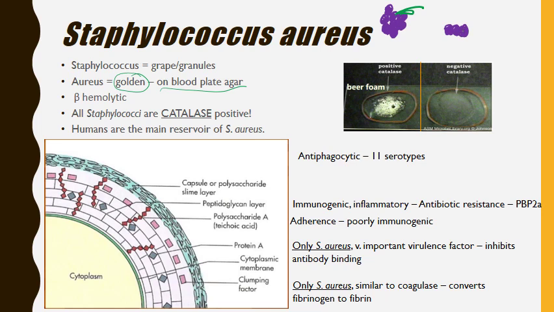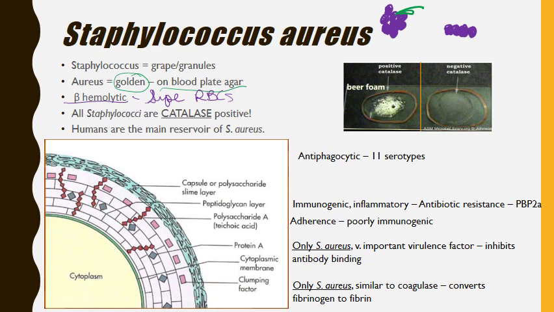So while you can't just use this distinction to automatically identify the two, it can sometimes help distinguish between the staph and the strep. On blood plate agar, Staph aureus is beta hemolytic, so that means it's going to lyse all of the red blood cells. So you're going to be able to see directly through the blood agar plate surrounding the area where that golden colony will have grown.